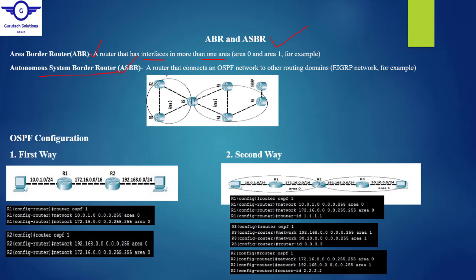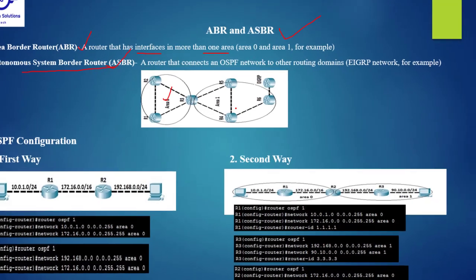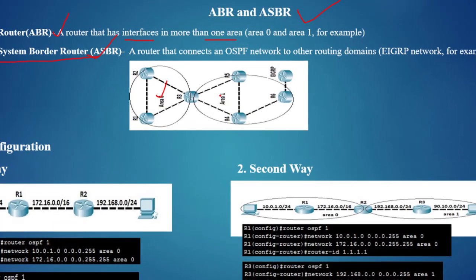Okay. We have a topology here. This one is area 0, this is a backbone area. This one is area 1, non-backbone area. And they run the OSPF protocol, area 1 and area 0. And there is another EIGRP network here.